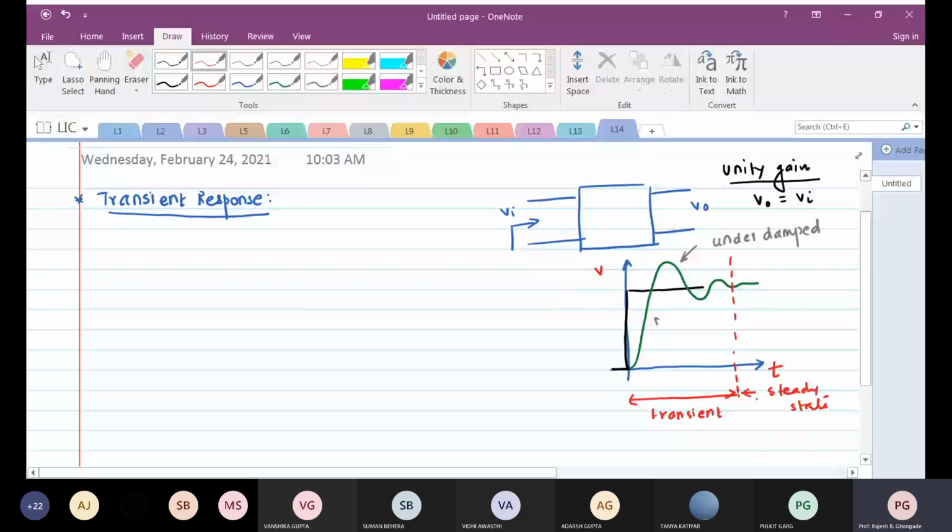Now, as the name suggests, steady state is when the output has reached a stable value. Okay, during this time, however, it will look different. Okay, and this part is called an overshoot. This part is called undershoot.